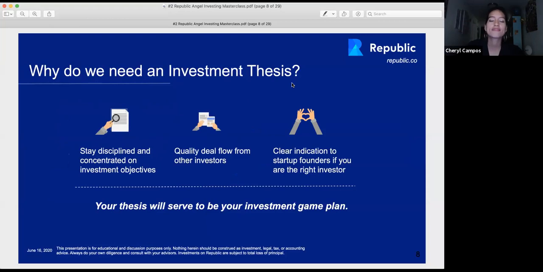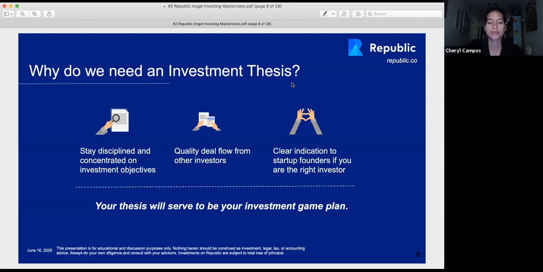Two, quality deal flow from other investors. That's key here because, as you know, this entire industry of venture capital is all about network. It's about getting access to those best deals. It's also about really being known for something. So when another investor that you might know has a deal, particularly, for example, in femtech, female technology that helps improve women's lives, they're like, oh, I'd send that to Cheryl.